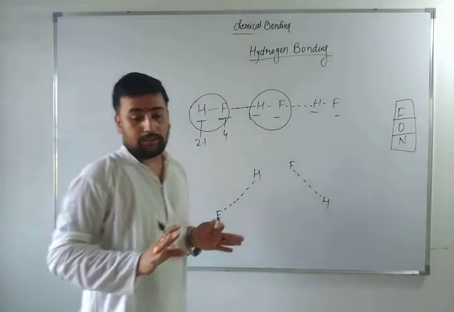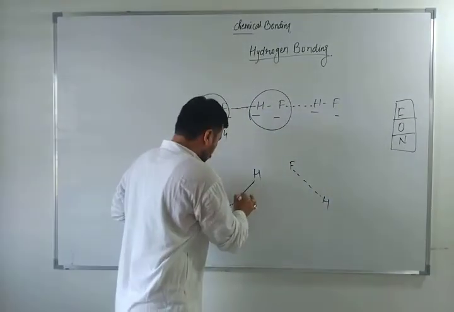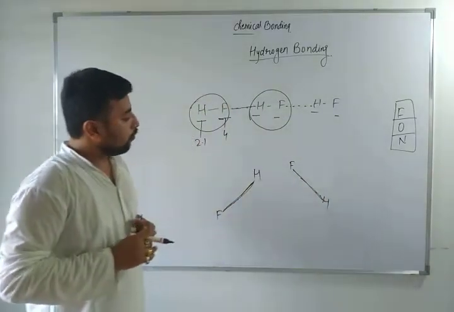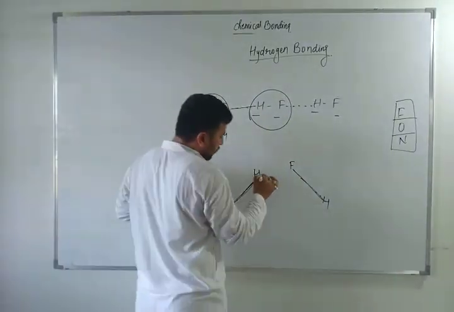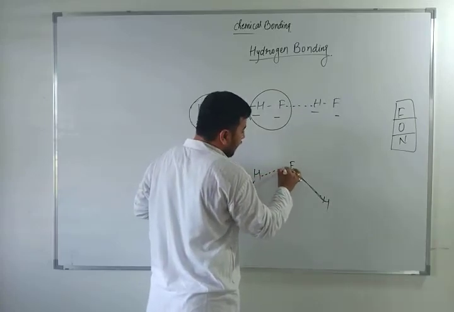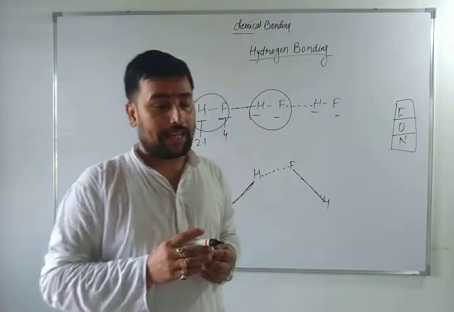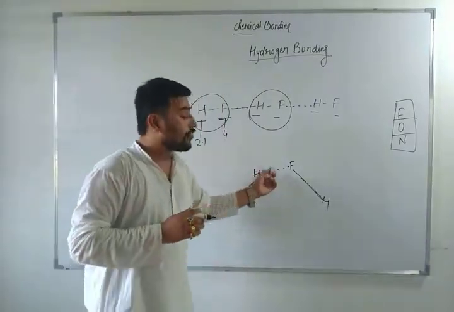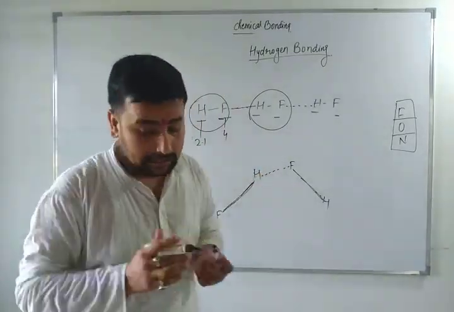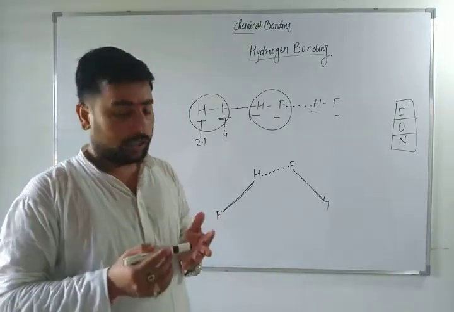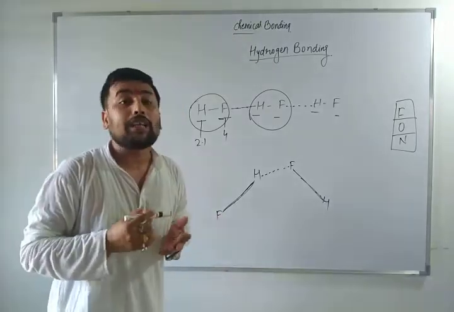Just suppose these are both the bonds of HF. This is an HF bond and this is an HF bond. Now both the atoms will attract each other because fluorine is a highly electronegative element. This fluorine will attract this hydrogen atom towards itself, and then there will be a formation of hydrogen bonding.